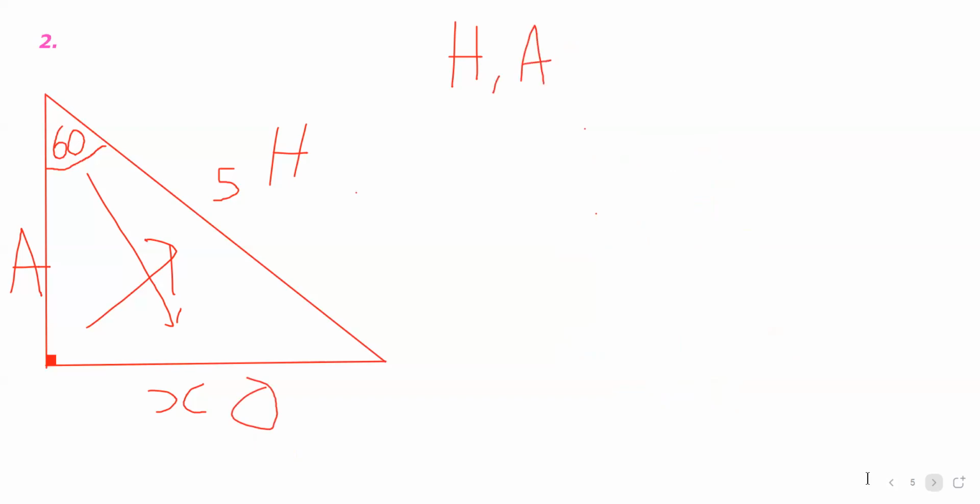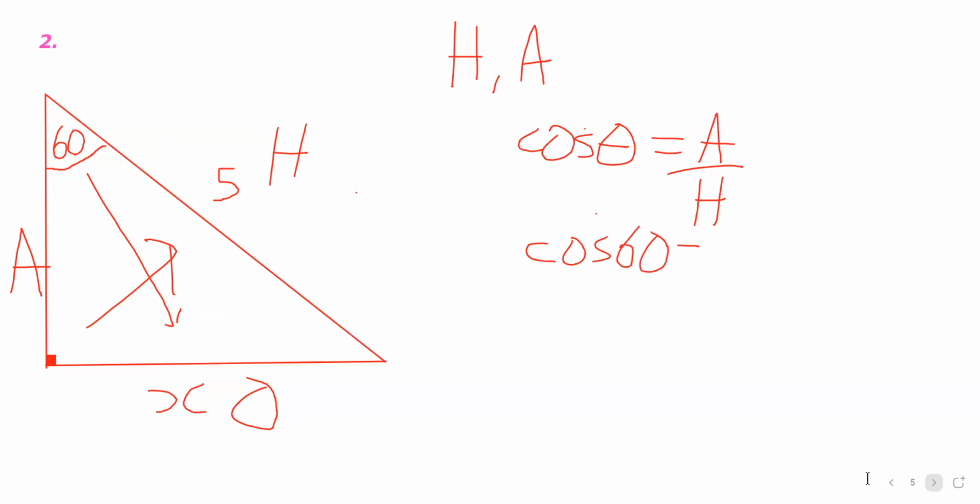So there's a different ratio: cos theta is A over H. Theta is 60, A is what we want to find, and H is 5. So you carry across the 5, and when you solve it, 5 cos 60, you get 2.5.